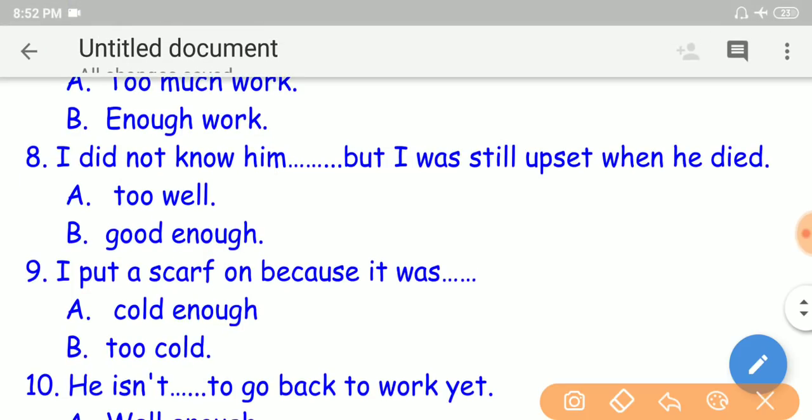Like this: I did not know him too well, but I was still upset when he died. I did not know him too well. Here the correct answer is too well, my dear friends.